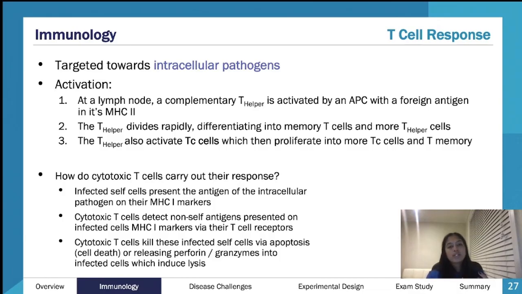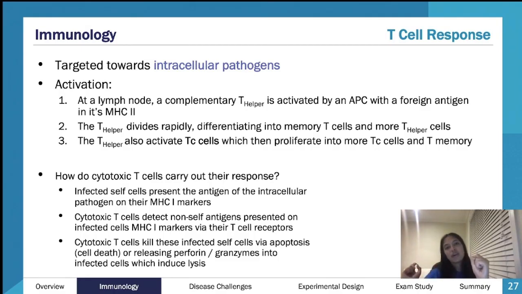So if you've got a virus, your window is open, you're showing your viral particles or peptides on your MHC1, your cytotoxic T cell is going to come along. And remember, I can't emphasize it enough, it's all about being complementary, having the same receptor. So this cytotoxic T cell comes along, and its receptor, whatever the shape is, fits really well over this viral antigen.